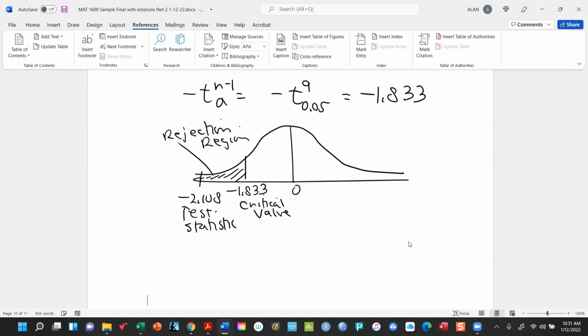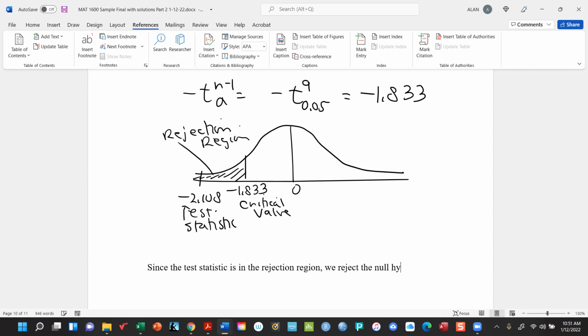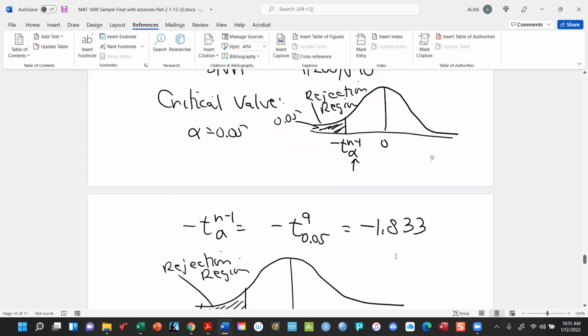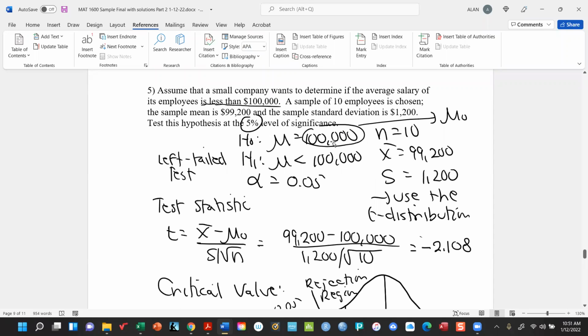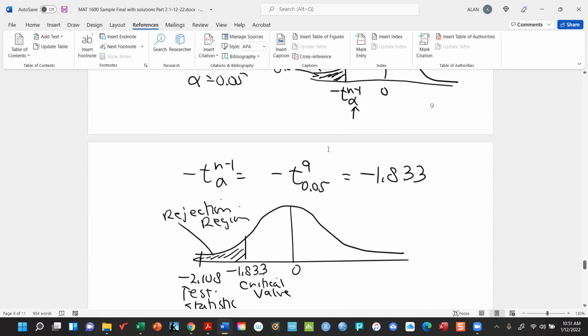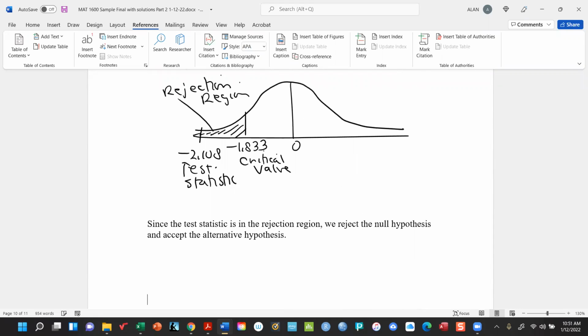So that means since, as always, since the test statistic is in the rejection region, we reject the null and accept the alternative hypothesis. So in this case, the null was that the mean was 100. Here we go. The mean is 100. The alternative was less. So you know what that means.